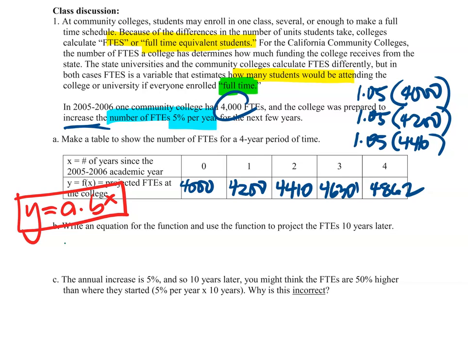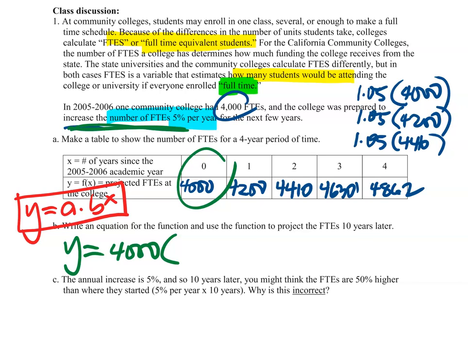So for this one, y equals the initial enrollment at the beginning of 2005. We have 4,000, and every year, as you can see here, it says that it's increasing by 5% every year. Increase by 5%, so that's 1.05 raised to x.